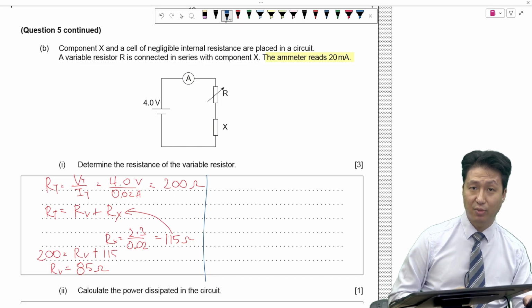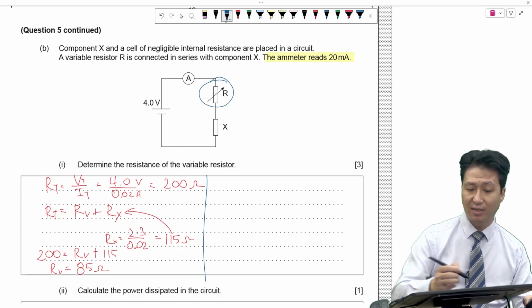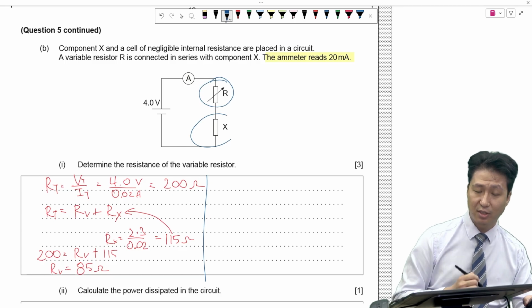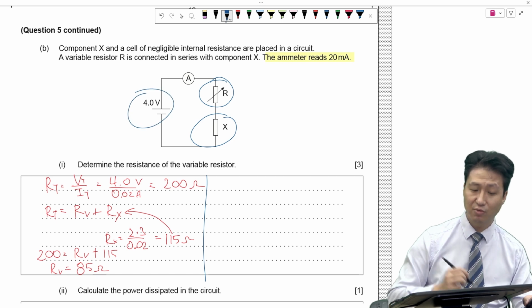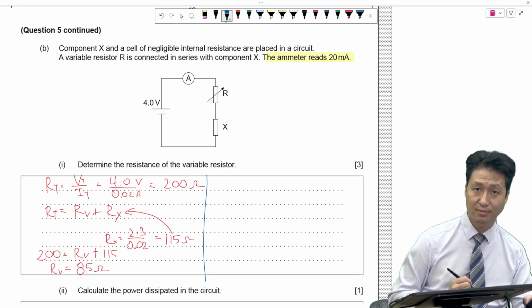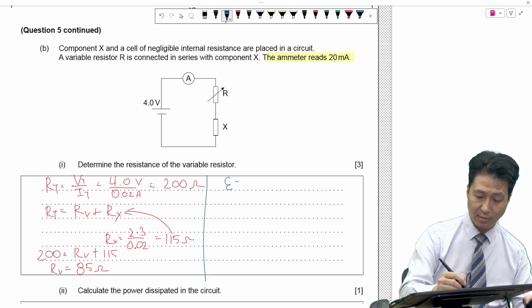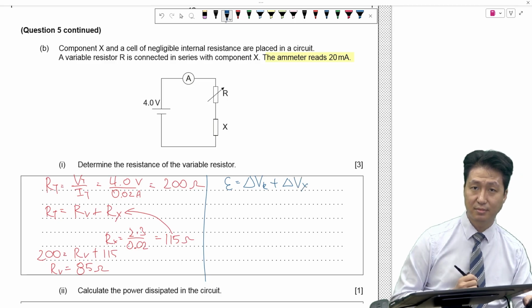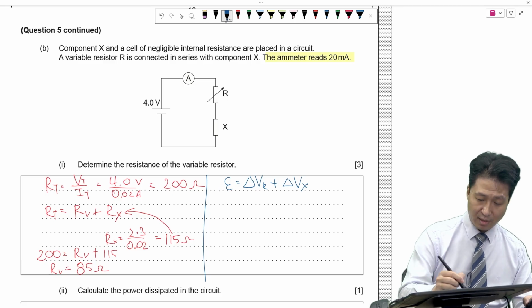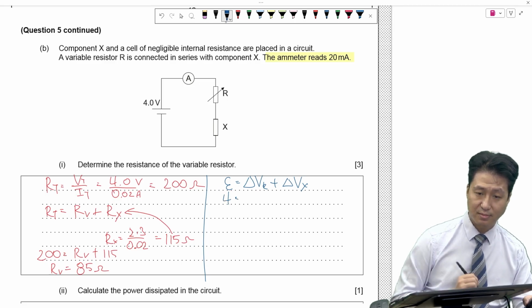A second way to solve this problem is to use the fact that the voltage drop across the variable resistor plus the voltage drop across resistor X would be equal to 4. The total EMF is equal to the voltage drop across the variable resistor plus the voltage drop across resistor X. Then the total voltage drop should be 4 volts.